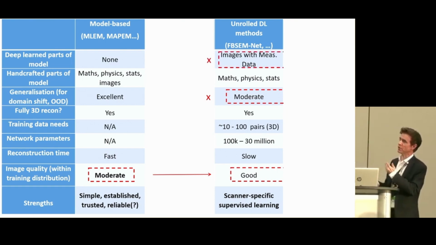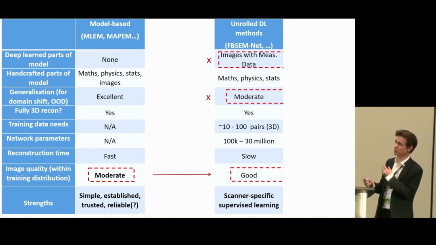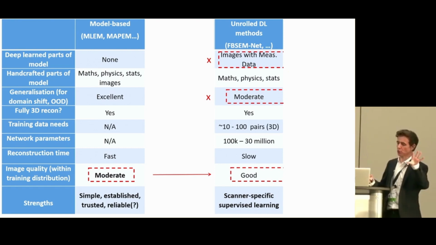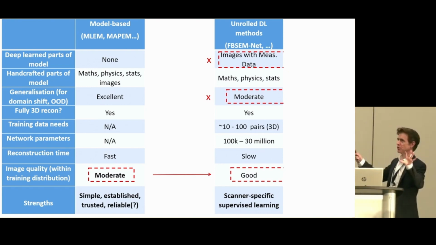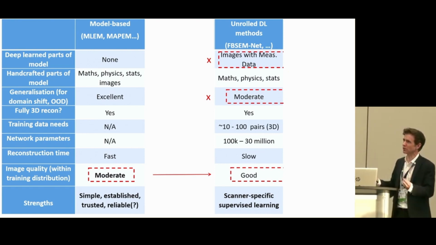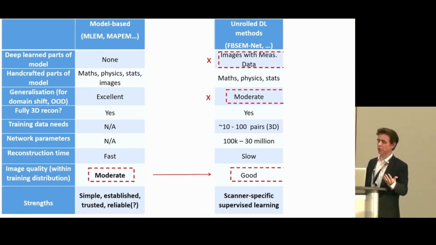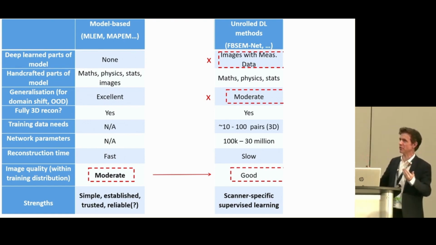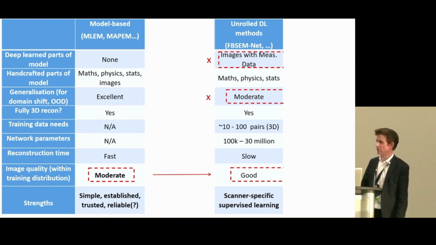Also, unrolled deep learned methods like FBSEM net need paired examples of low quality data with the high quality references that they need to achieve. And it's very hard to come up with both examples of images and data in pairs. That's not an easy task.